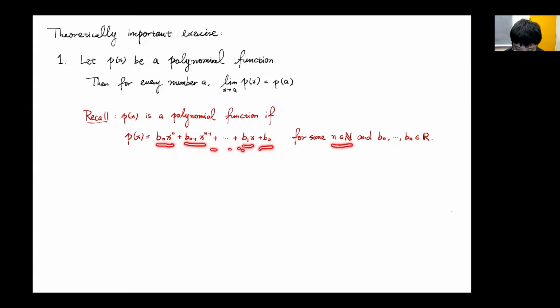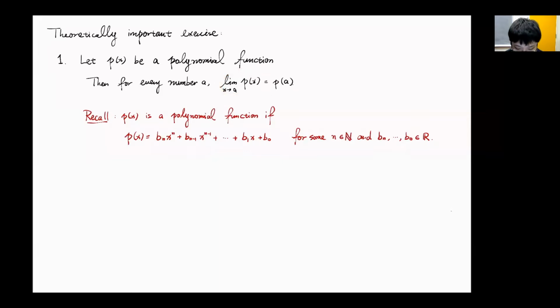Here, n is a natural number, which means n can take 0, and b sub n all the way down to b sub 0 are real constant numbers. If p of x can be written in such a way, then we say p of x is a polynomial function. Okay, so now we are looking for the limit.